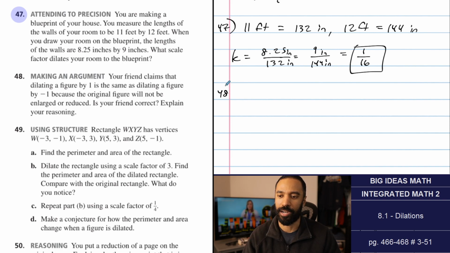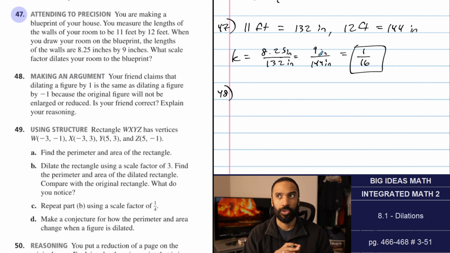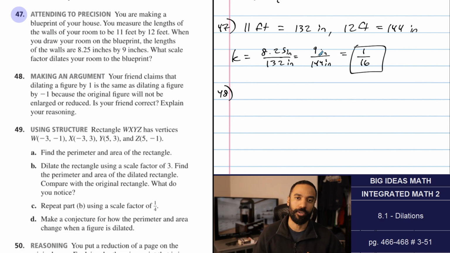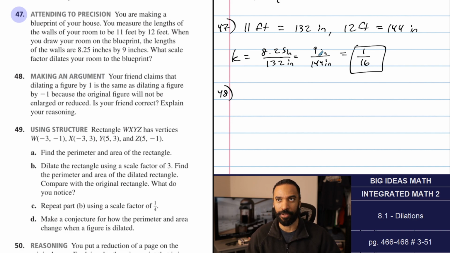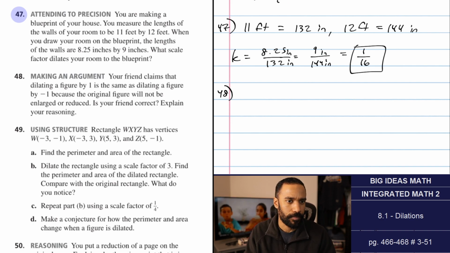So the tricky part is the units. I can't just do 9 over 12 and say it's 3/4. 3/4 what? It's 3 inches to every 4 feet, but scale factor should be a constant. It shouldn't have a unit conversion within. It could, but that 3/4 is no longer 75%. It doesn't really work that way.